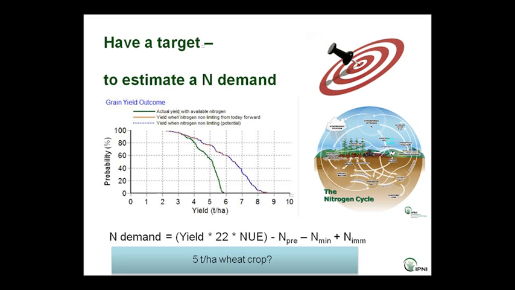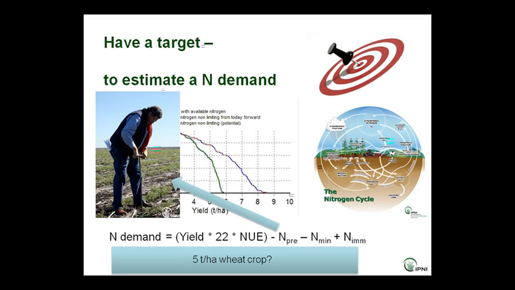I mean, this is all agronomy 101, I'm sure, to you, but it's a yield potential multiplied by a nutrient removal factor, which say is 22, it might be 20, it might be 24, depending on grain protein, by an efficiency figure, and you take away what is available pre-sowing with a deep soil test, and an estimate of mineralisation. That's a bit dicky, but there are some algorithms out there.